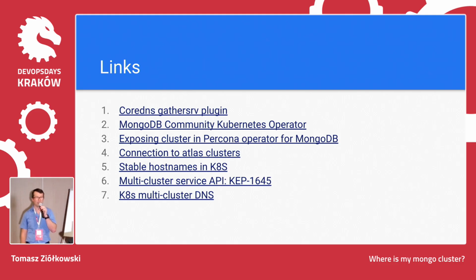There are a lot of problems with putting a workload that is spanned over multiple clusters, and the connectivity between the pods in the same cluster, but physically spanned on different Kubernetes clusters.